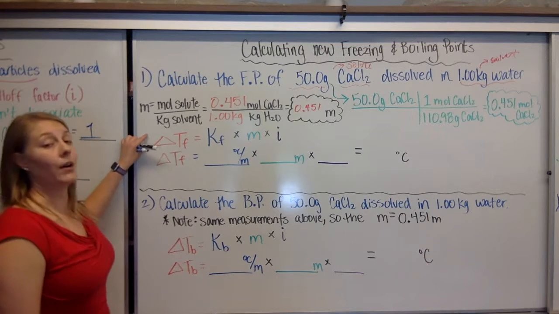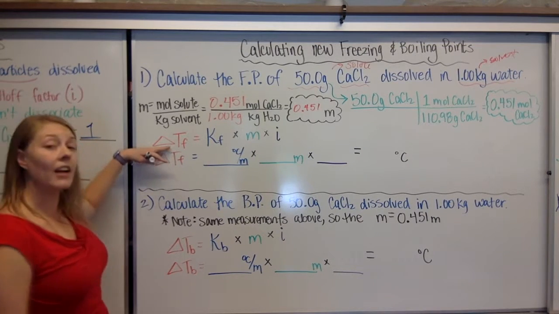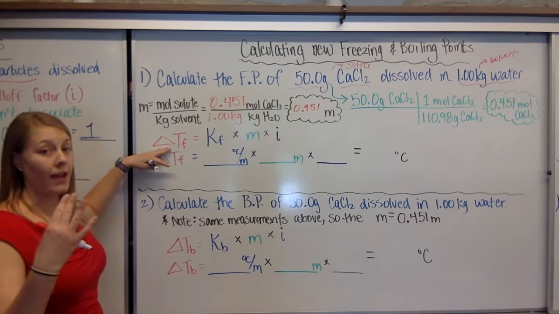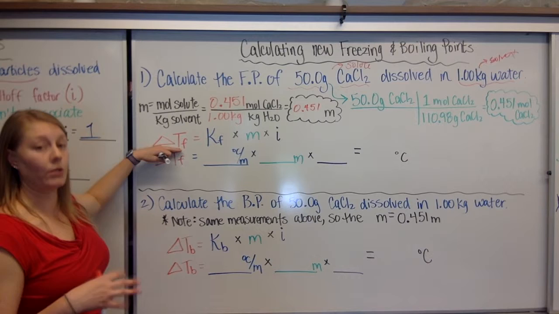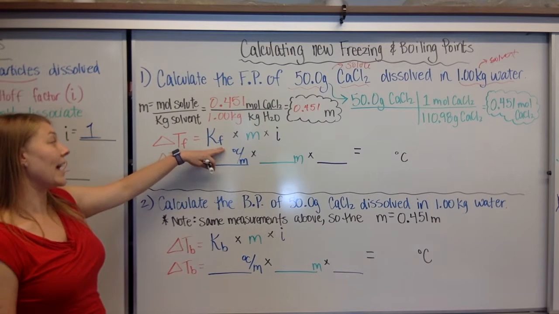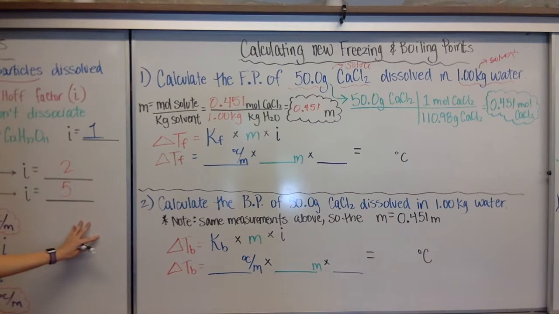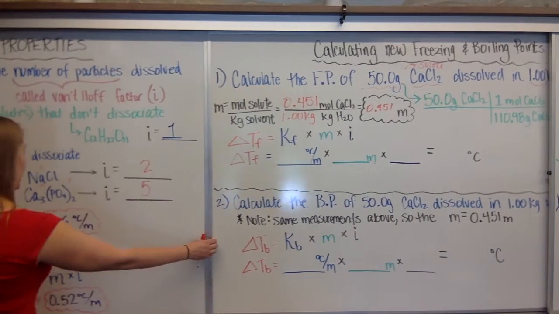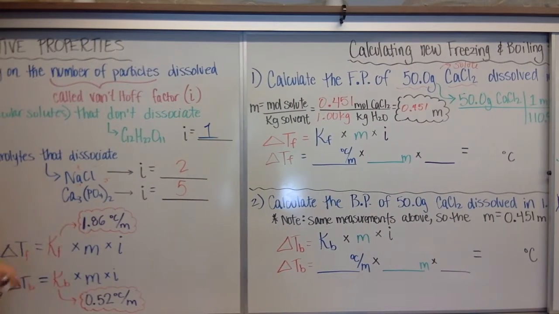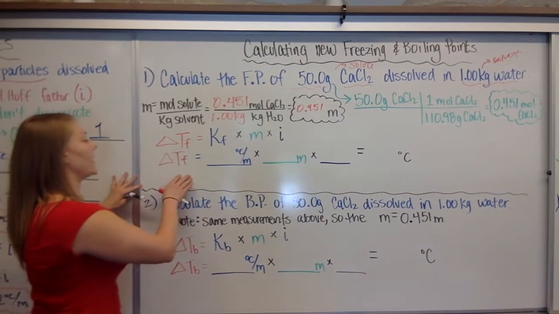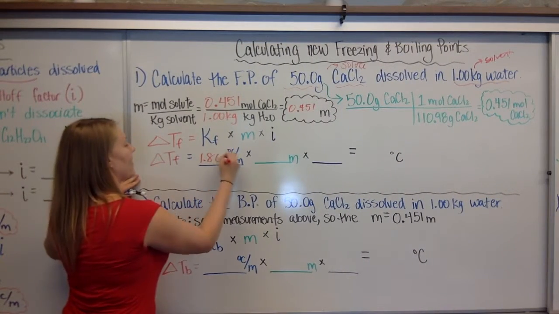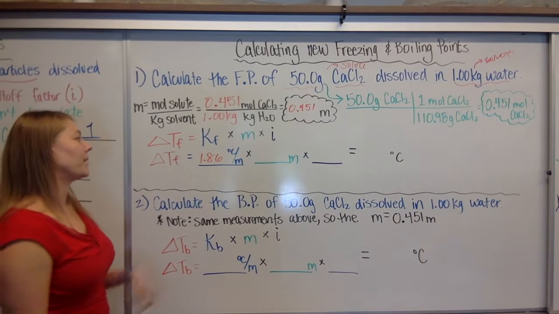Now we can plug that into our delta TF. This is going to calculate the change in the freezing point. Ultimately, we're trying to calculate the freezing point. This is just how much that freezing point will change. So our Kf, our constant, is 1.86 right here. So we plug in 1.86 degrees Celsius over molal.